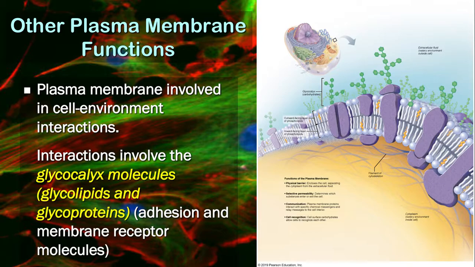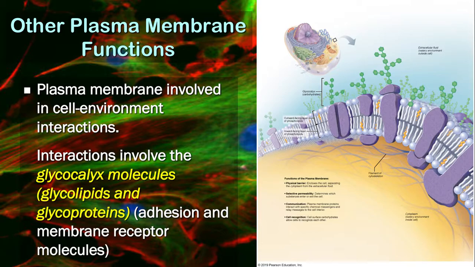So the interactions are going to involve the glycocalyx molecules, and the glycocalyx molecules include both glycolipids, which we've talked about before, which are the lipids with the sugar attached to them, as well as glycoproteins. What do you think glycoproteins are? Sugar proteins. Okay, so proteins with the green sugars stuck to them.